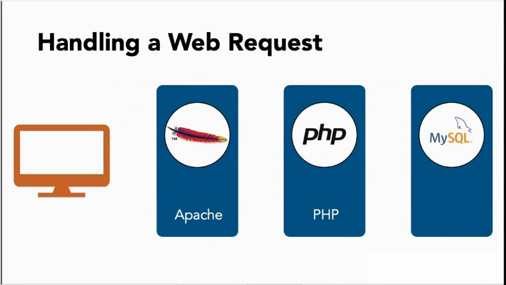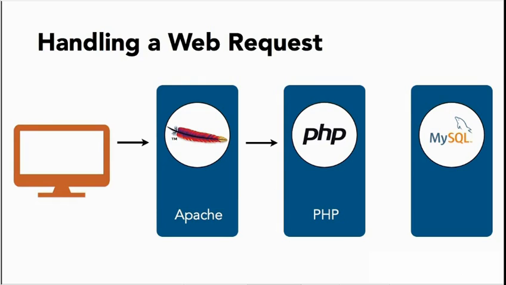Here's how they work together at runtime. You're always starting with the browser, which makes the request. The request is sent to the Apache HTTP server. If the request is for a simple static file, like an HTML file or a graphical file, the Apache HTTP server can handle that on its own. But when it receives a request for a PHP file, it dispatches or forwards that request to the PHP server.